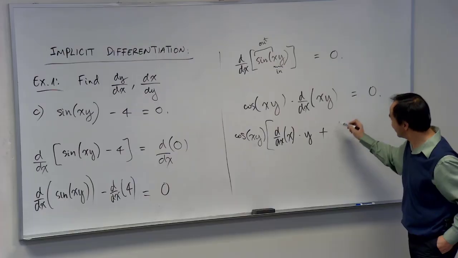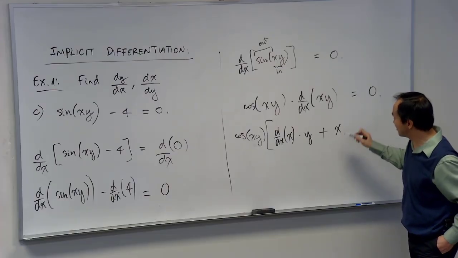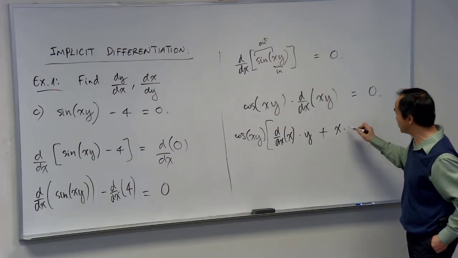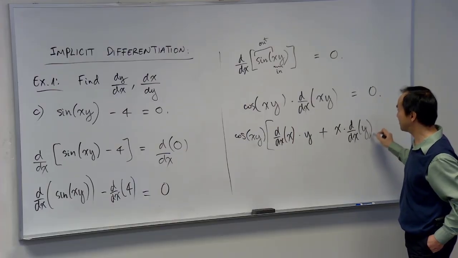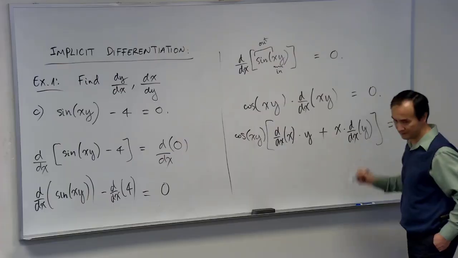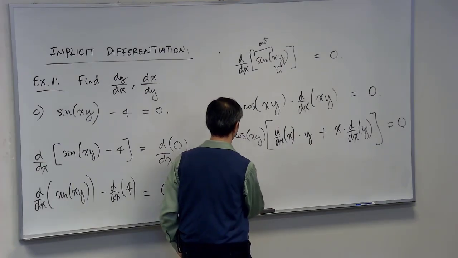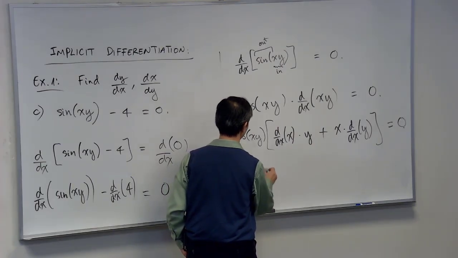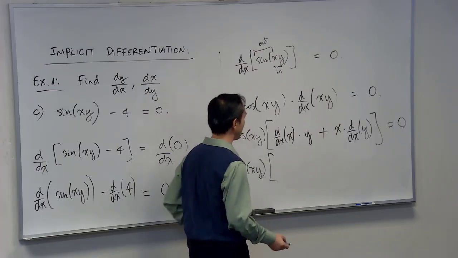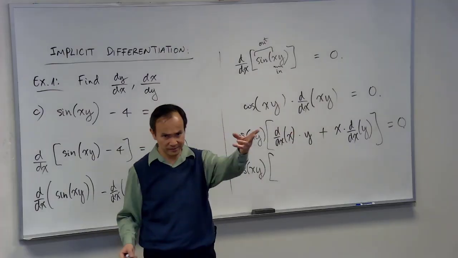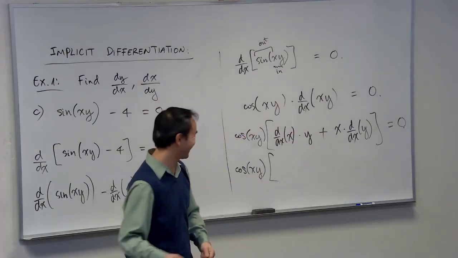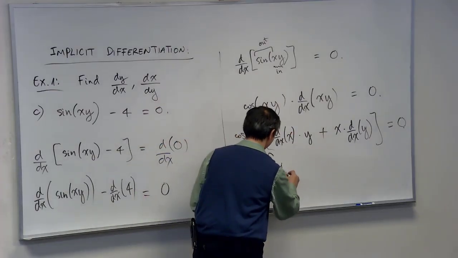And I'm adding, now I'm leaving x out, no derivative, but I'm multiplying with dy/dx on the y term. So now the cosine of xy is still here as a common factor outside of the parentheses. Well, what's the derivative of the function x right here? Just 1. So that gives me just 1.